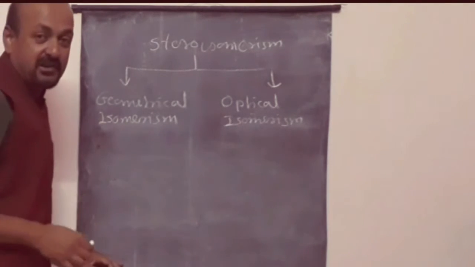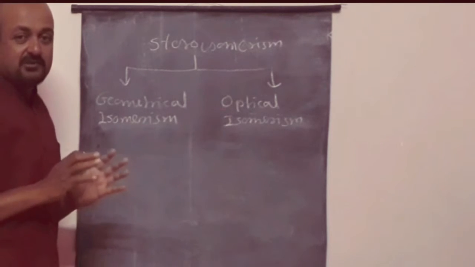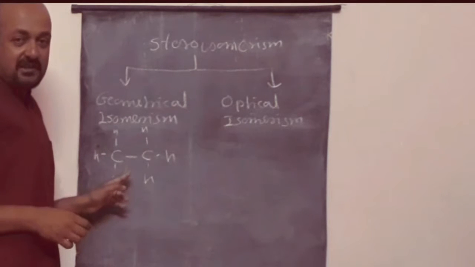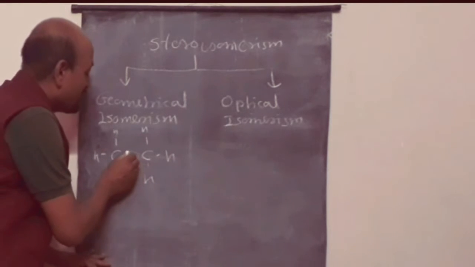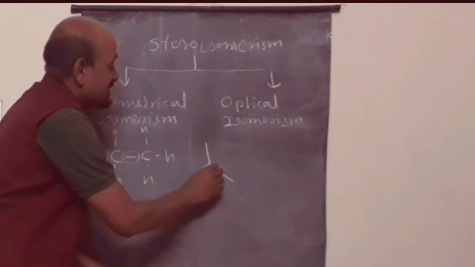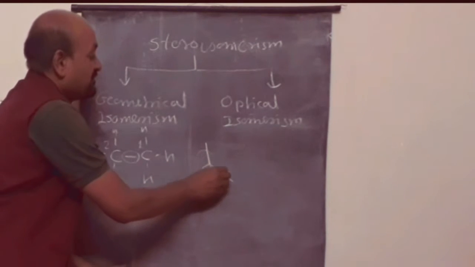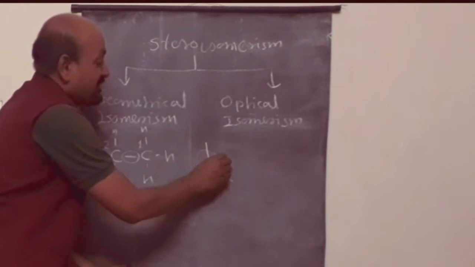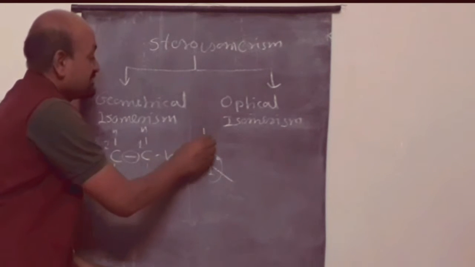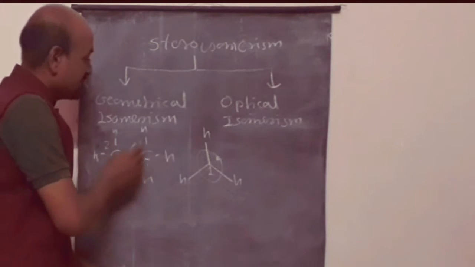First is geometrical isomerism. As you know, there is free rotation about a carbon-carbon single bond. This is ethane. If we take this as carbon number 1 and this one as carbon number 2, then to this carbon 3 hydrogens are attached, and to the second carbon again 3 hydrogens are attached.